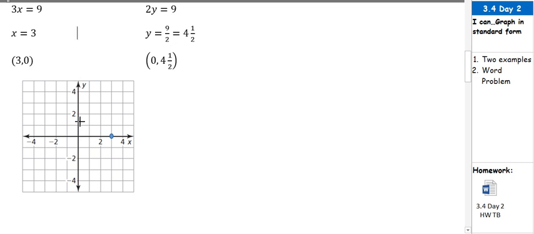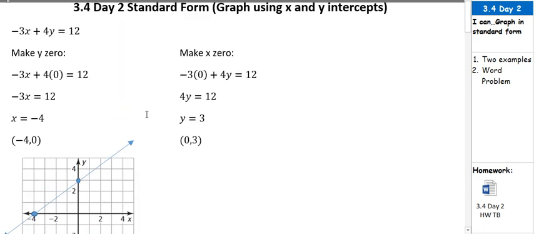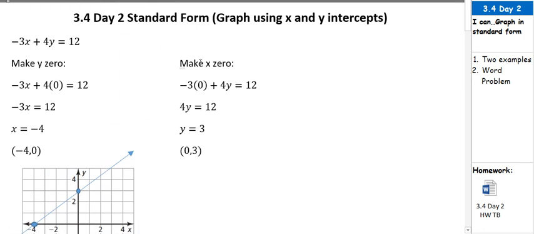It's literally 4 and 1/2. So it's between the two lines. Here's 4, here's 5. I have my arrow going through both spots. 3, 0 is here, and 0, 4.5 is there. That is all there is to it to graphing with standard form.